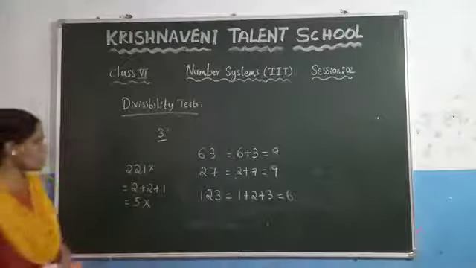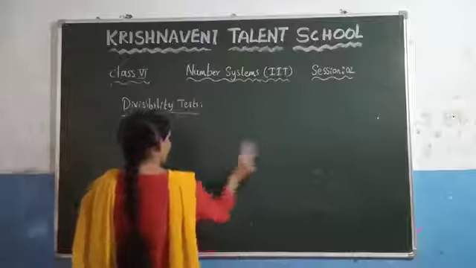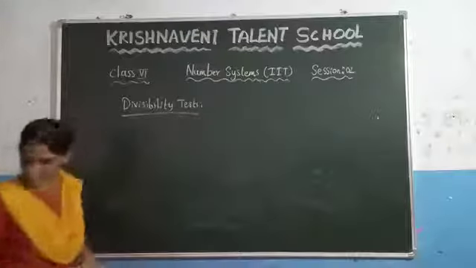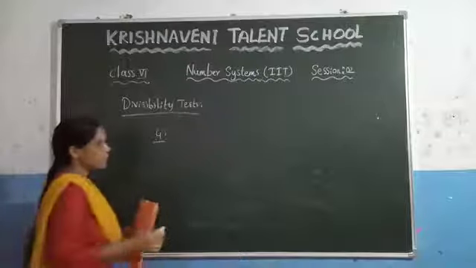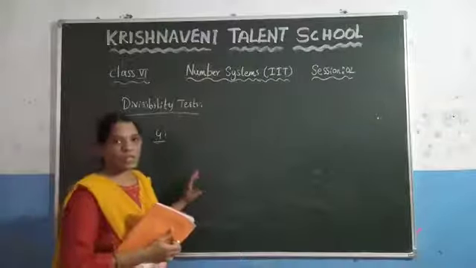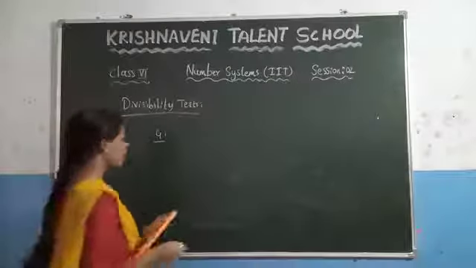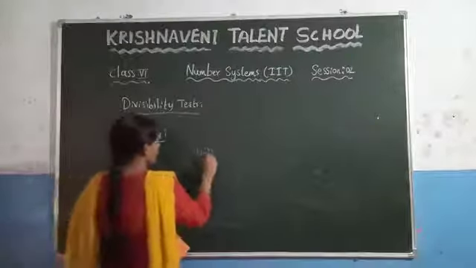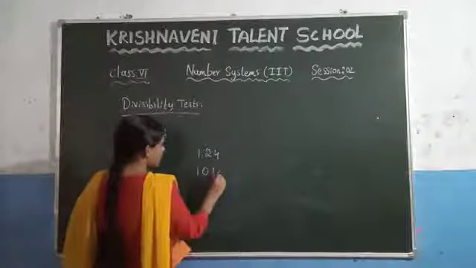Now see the divisibility rule for 4. What does the divisibility rule for 4 say? If the last two digits of a number are divisible by 4, then we can say that the number is divisible by 4. Consider one example, 124, and here 1016.